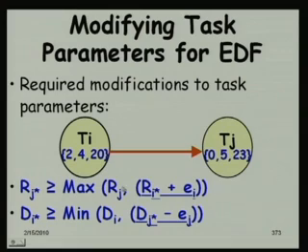Ri is same as Ri star. So, this is 2, Ri is 2 and Ei is 4. So, this becomes 6, right. Rj is 0 and this is 6. So, we have to replace 0 with 6 here. The modified ready time for Tj should be 6.